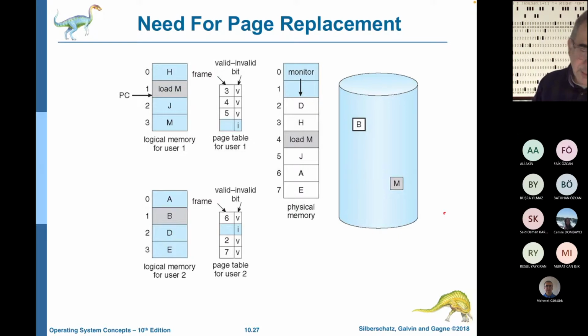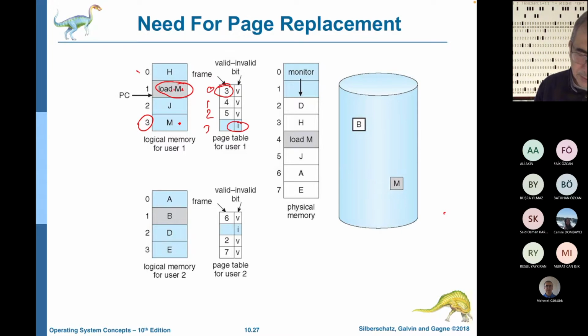An instruction containing load M, where M is the address. That is the code. When you check, 3 is valid. No, that is 0. That is 0, 1, 2, 3. 3 is invalid. 0 is valid because it is here.